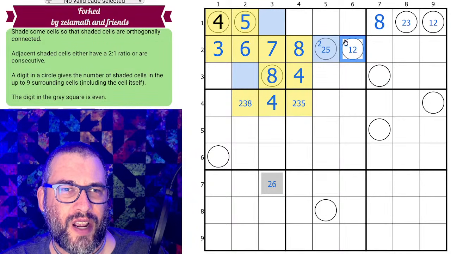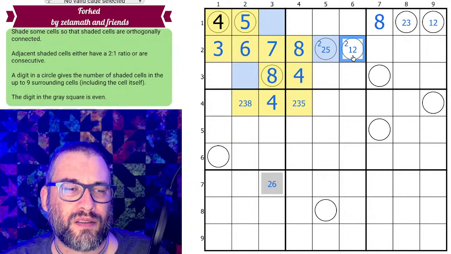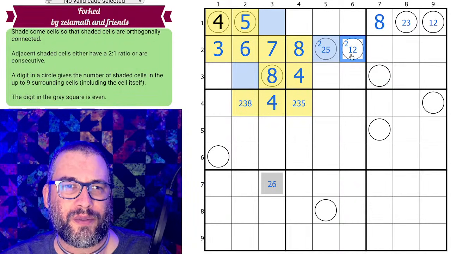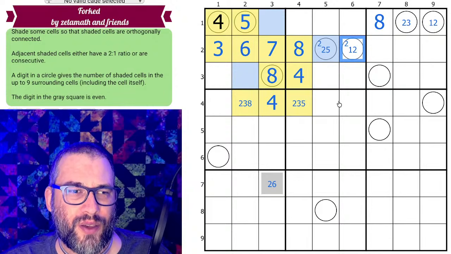Because if this is shaded, it's just going to be too big. I don't know that I want to rigorously argue that.